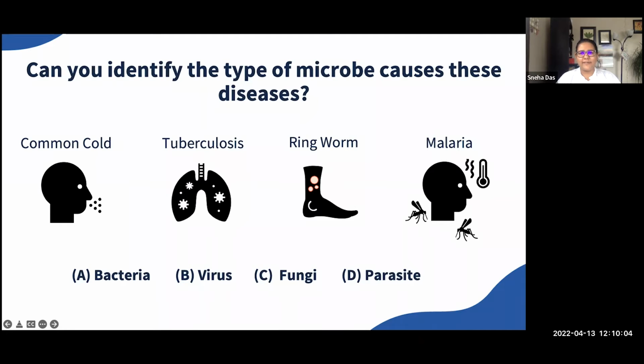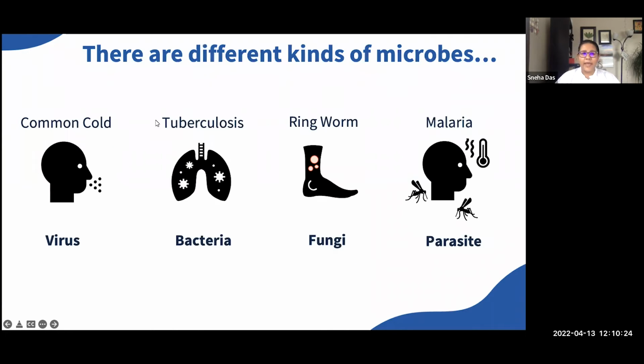So I see a little bit of bacteria, parasites. Okay, so 39% of you are saying that it's a parasite and 35% of you are saying that it's a bacteria. So let's look at the results. As many of you identified correctly, common cold is caused by a virus.